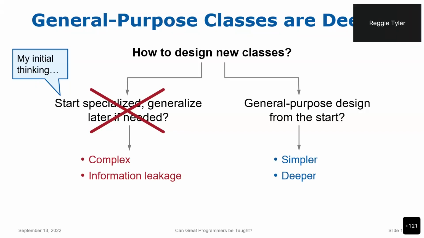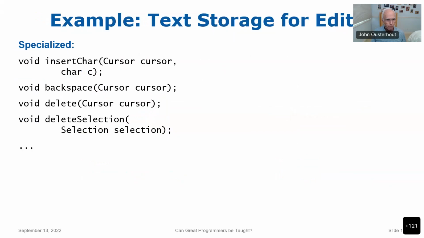In contrast, if you build things general purpose, they end up simpler and deeper. Let me give you an example to illustrate this. At one point in the course, the first project was that students had to build a simple GUI text editor. It displays a file on the screen, you can click to select and insert text. And the students had to build a class to store the text, to represent the text in memory for the editor.